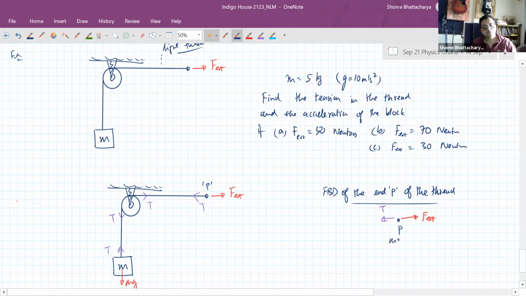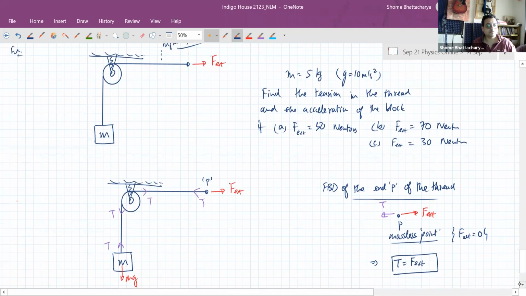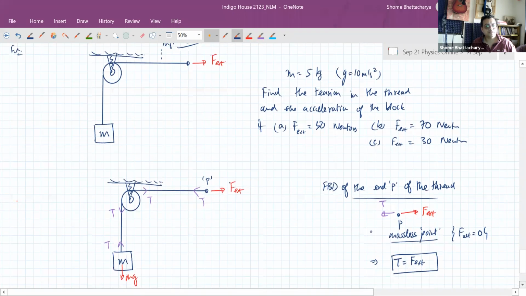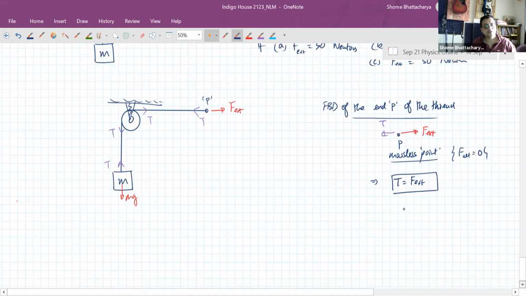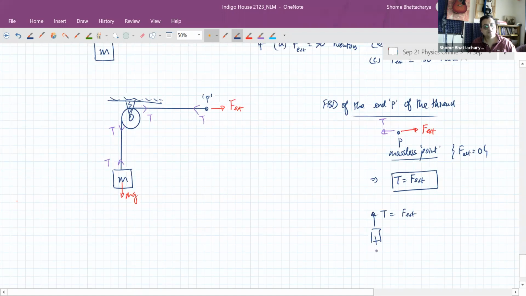So that will tell us that the tension in the thread develops a value equal to the external force that we are applying. So now next when you look at the free body diagram of the block, you'll understand that the tension in the thread is equal to the external force that we are applying.